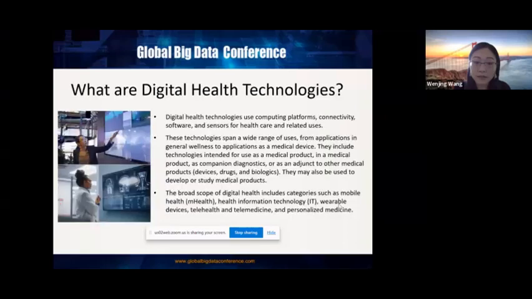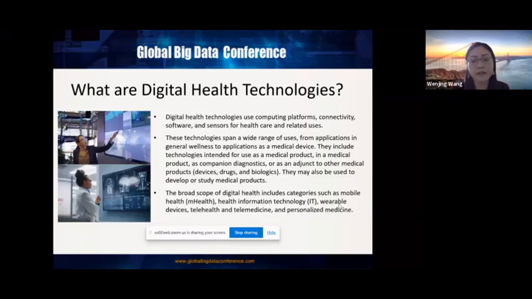Digital health technologies use computing platforms, connectivity, software, and sensors for health care and related uses. There is a very wide range of technology and ways it could be applied. It could be just for general awareness, or it could be considered a medical device.